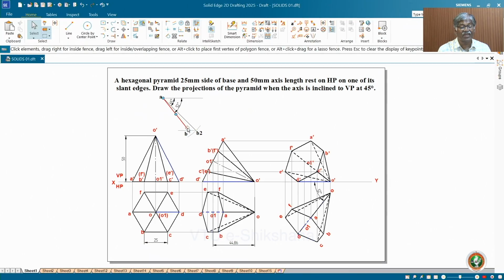You draw a 45 degree line, take true length. AB2 is true length, that is 50 mm. Then AB is this. Okay, instead of AB you can keep PQ or something, because it leads to confusion. So it is better to have some different naming.